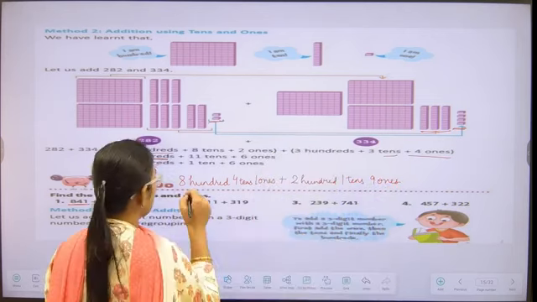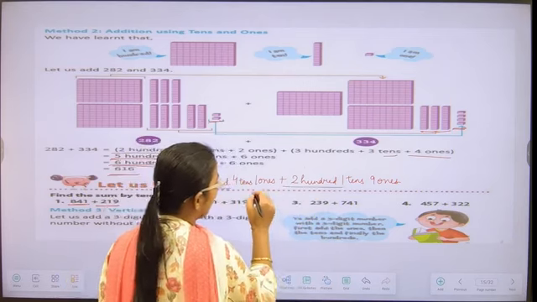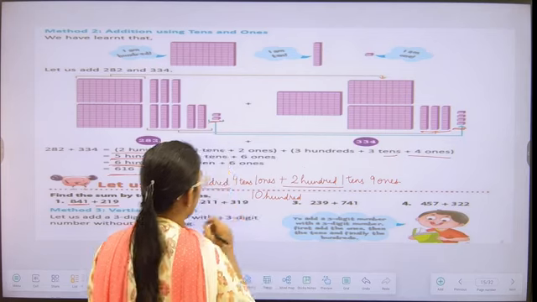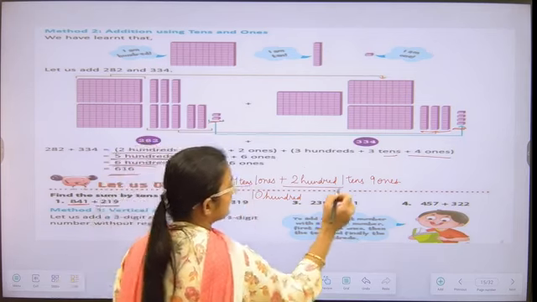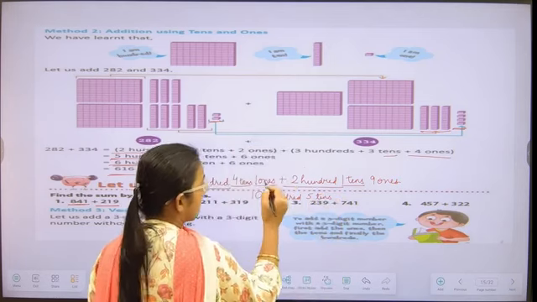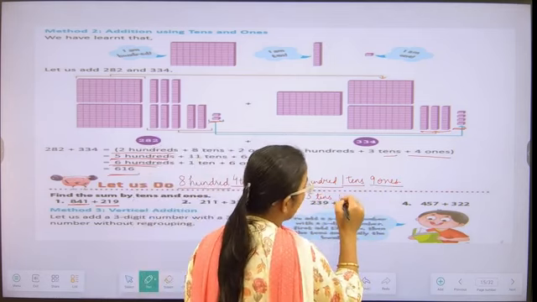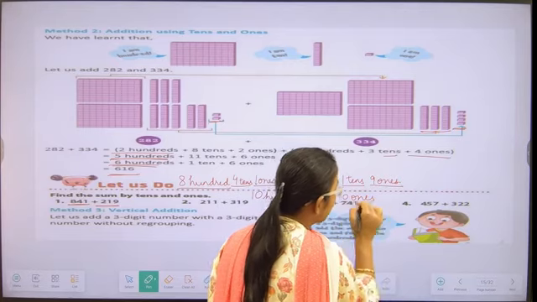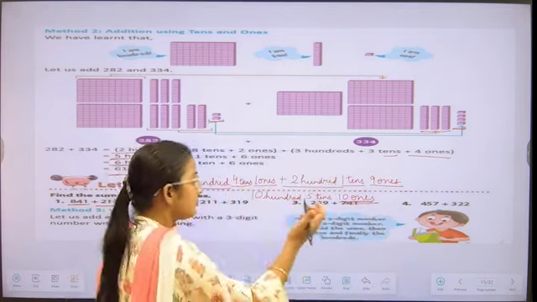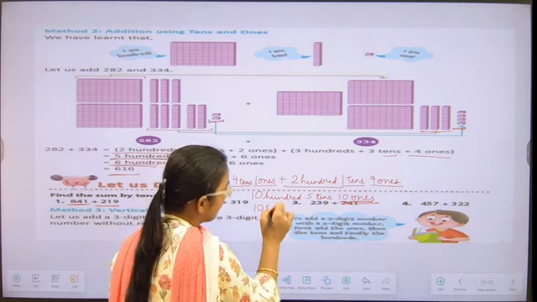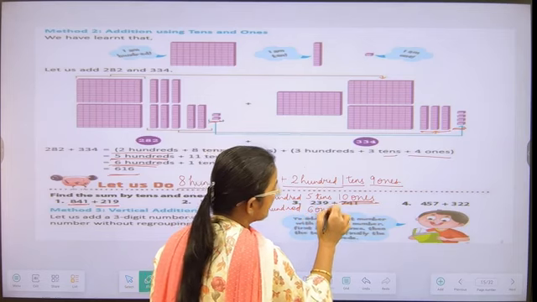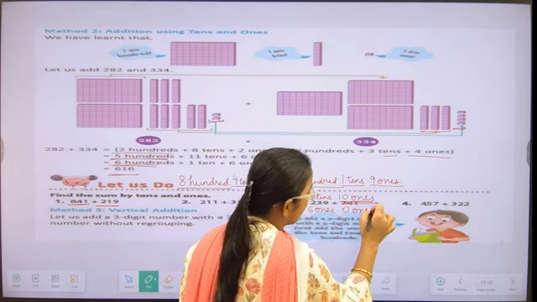So what we have seen, 800 and 200 will make a 1000. Now 4 tens and 1 tens will make 5 tens, and 1 ones and 9 ones will make 10 ones. And we know this thing, student, every 10 ones will make a 10s. So we can say that we are having 10 hundred, 6 tens and 0 ones.